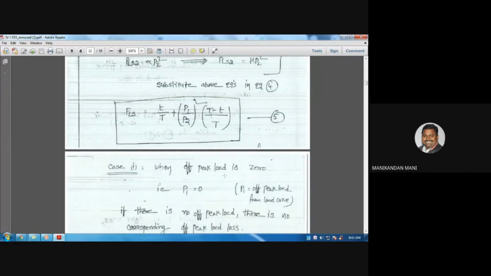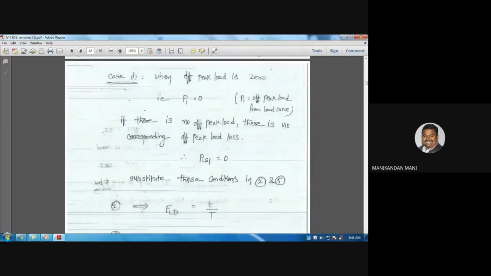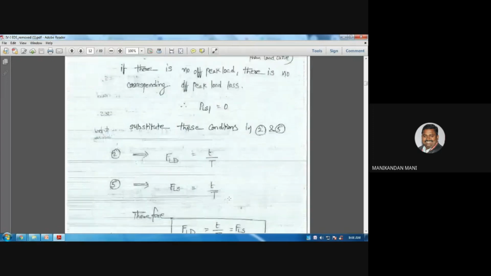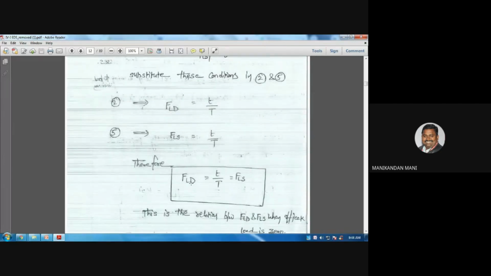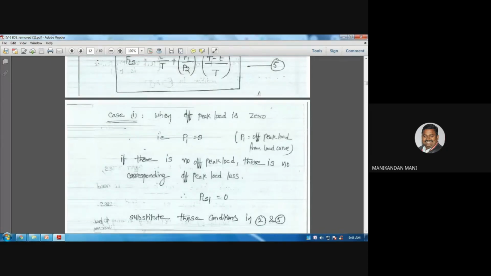Whereas when the peak load is 0, when P1 is equal to 0, if there is no peak load, there is no corresponding peak load losses. Okay. So PLS1 is equal to 0. So this is for the condition FLD is equal to T divided by T, FLS is equal to T divided by T. Therefore, FLD is equal to FLS. Okay.